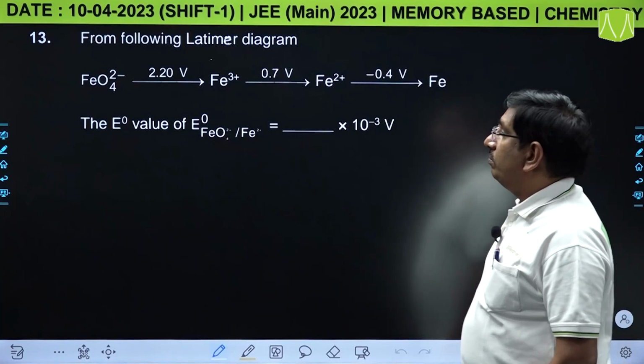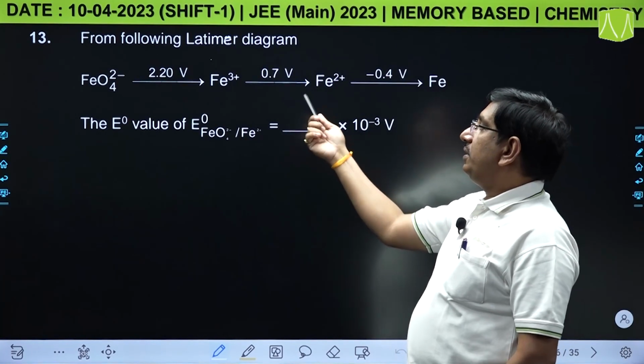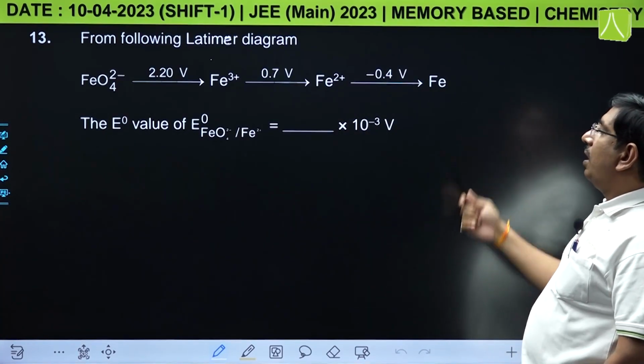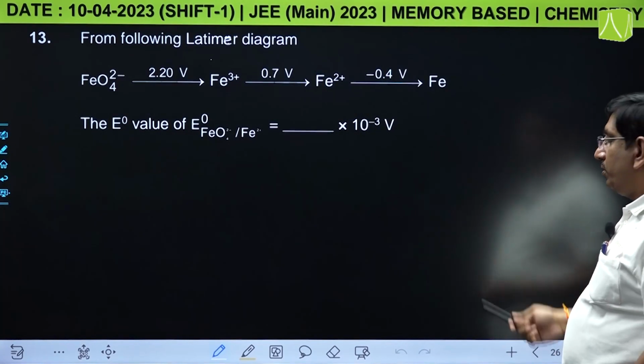This is the Latimer diagram question. FeO4 2 minus is converting into Fe3 plus, then into Fe2 plus and iron, and the potentials are given.